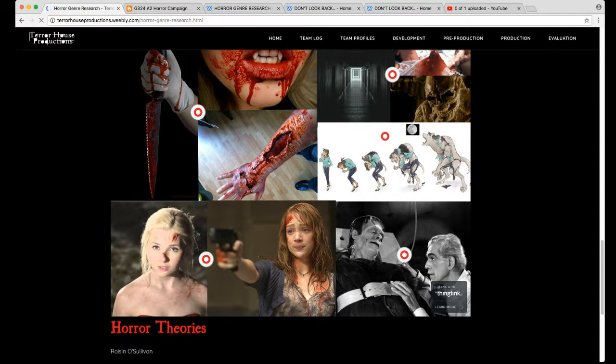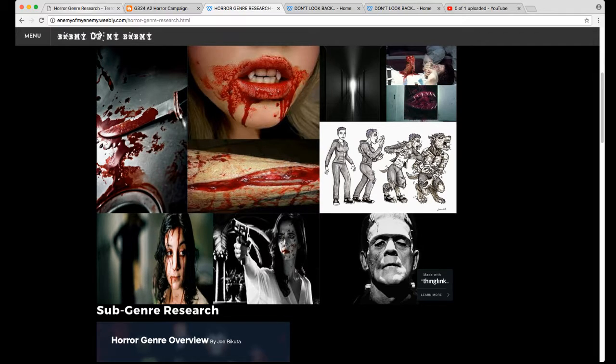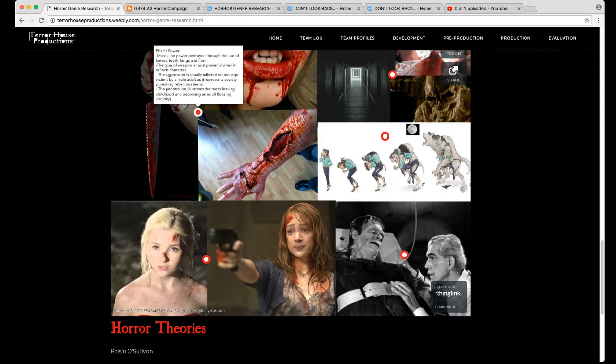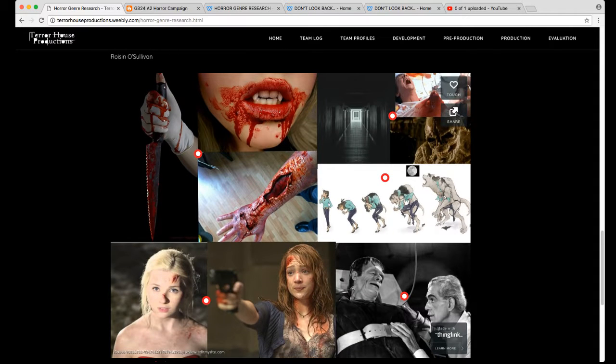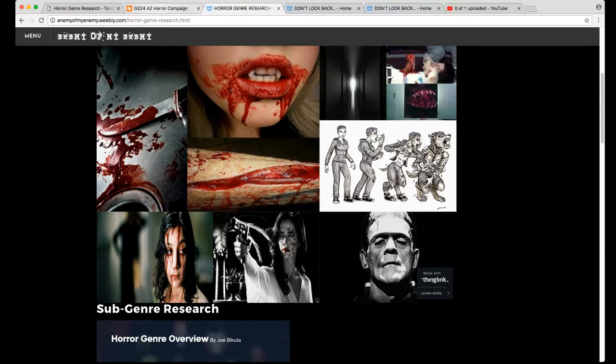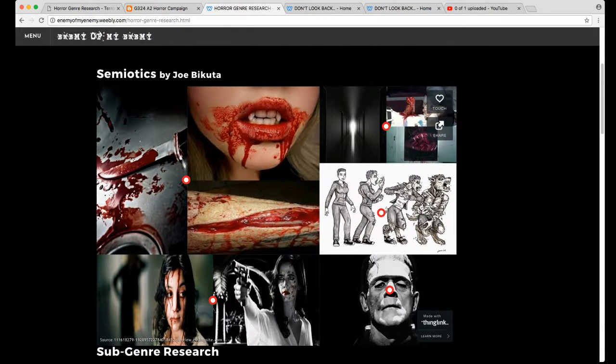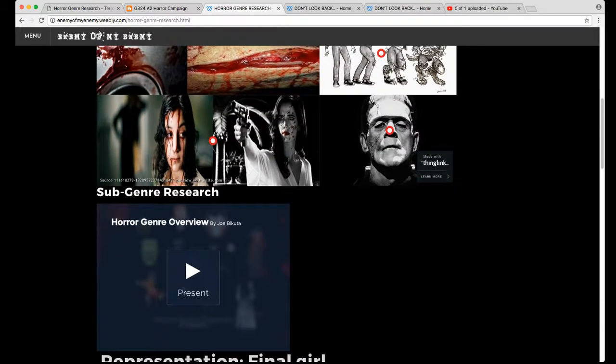A little bit concerned that this is very similar to theirs. In fact, it's using some of the same images, so I'd be incredibly careful of using that, particularly that one. Yeah, so just be careful there.